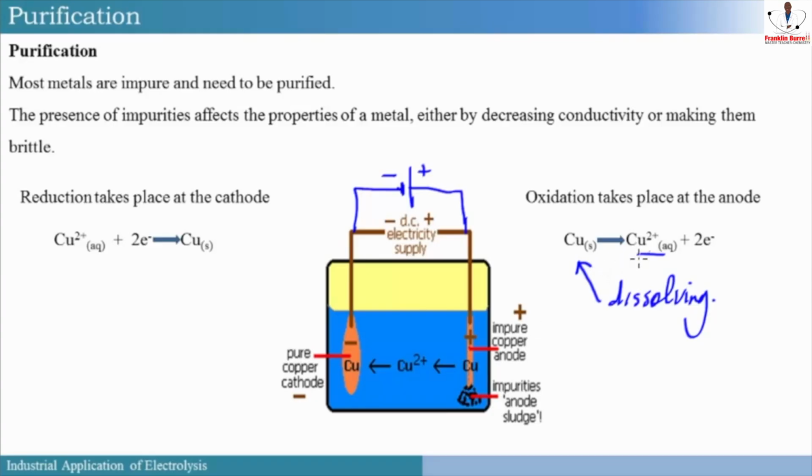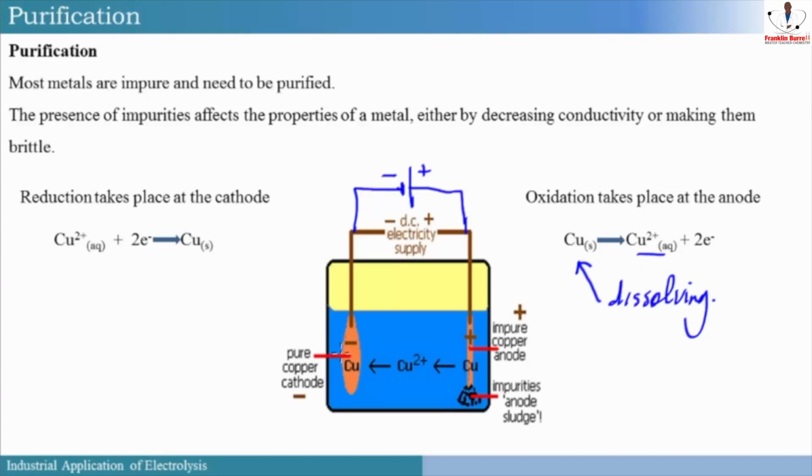Then the ions that were formed in the solution will be reduced by gaining electrons to form a solid at the cathode. So you'll notice that the impure copper at the anode dissolves, breaks down into ions, and then at the cathode, the ions gain electrons and form back your copper solid.